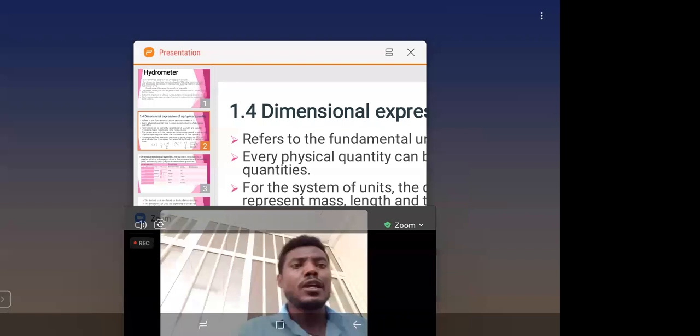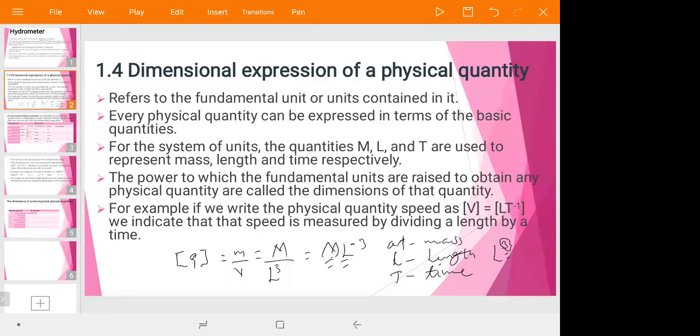If you take the dimension of speed, it is equal to length over time. Distance is a type of length; distance, height, base, and so on are all types of length.